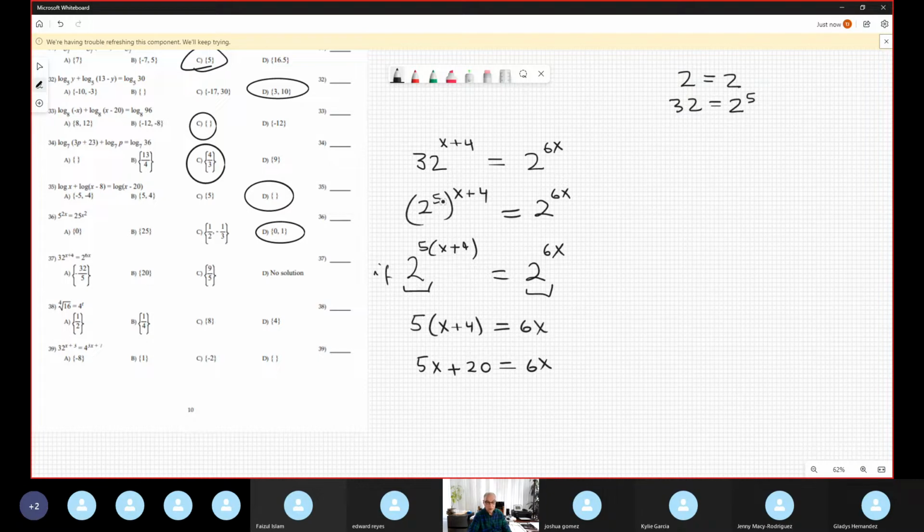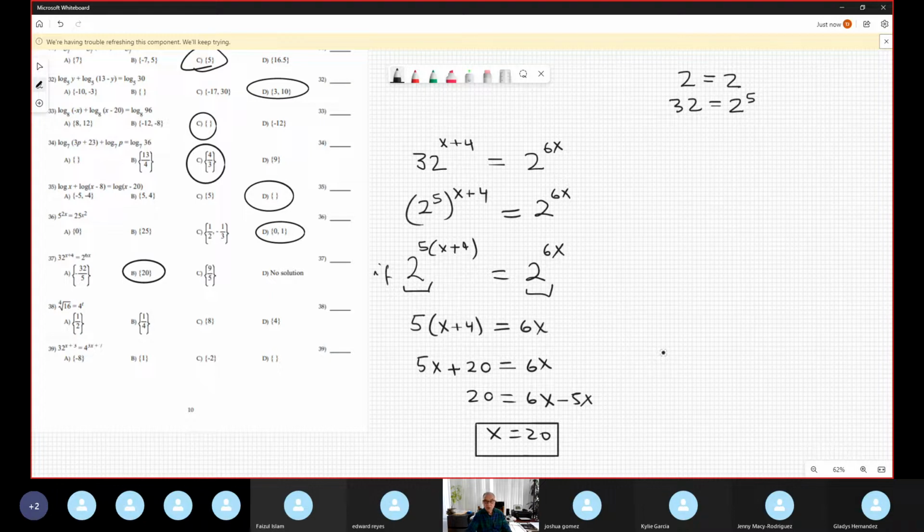So 20 is equal to 6x minus 5x, which is x. X equal 20. Really cool. Only one solution because the problem ended in a linear equation. No two solutions. Only one solution is 20. And you know very well that you don't need to check it in exponential. No.